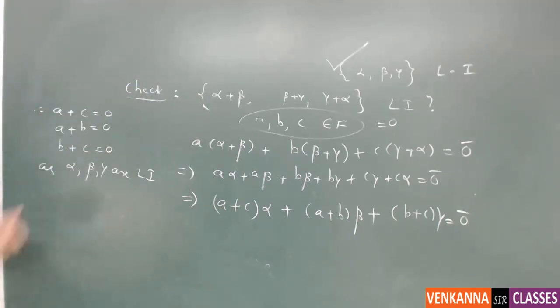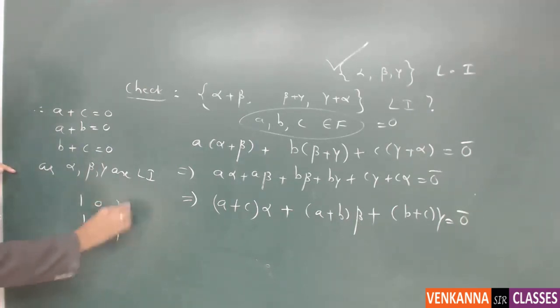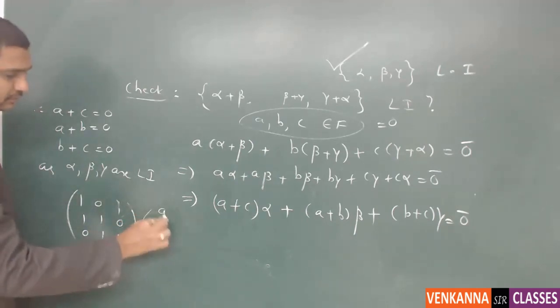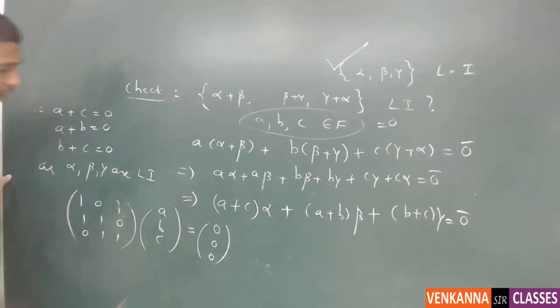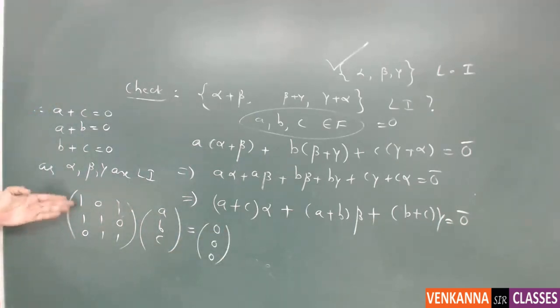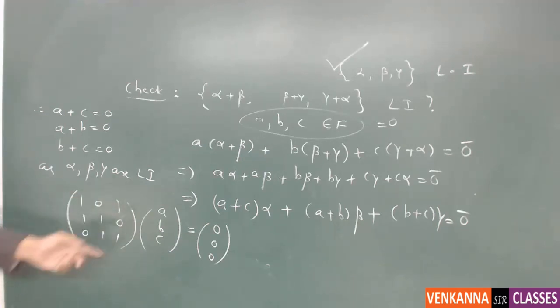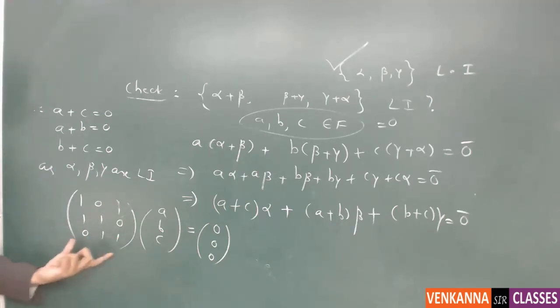Right? Now, how to solve this? Let us write this system in the form of a matrix. So 1, 0, 1, 1, 1, 0, 0, 1, 1 times A, B, C. So you can apply R2 goes to R2 minus R1, R3 goes to R3 minus R2, and so on. You can convert it into echelon form, and you cannot get a 0 row in the last place.